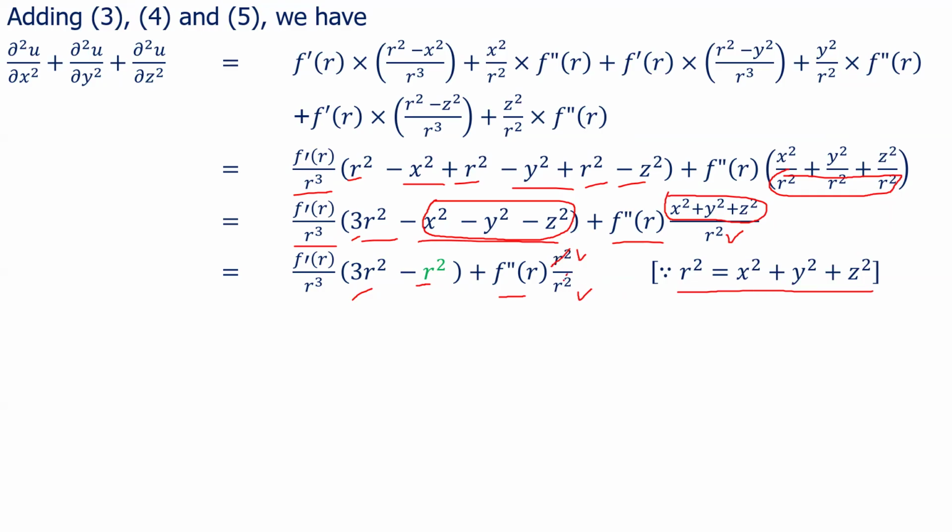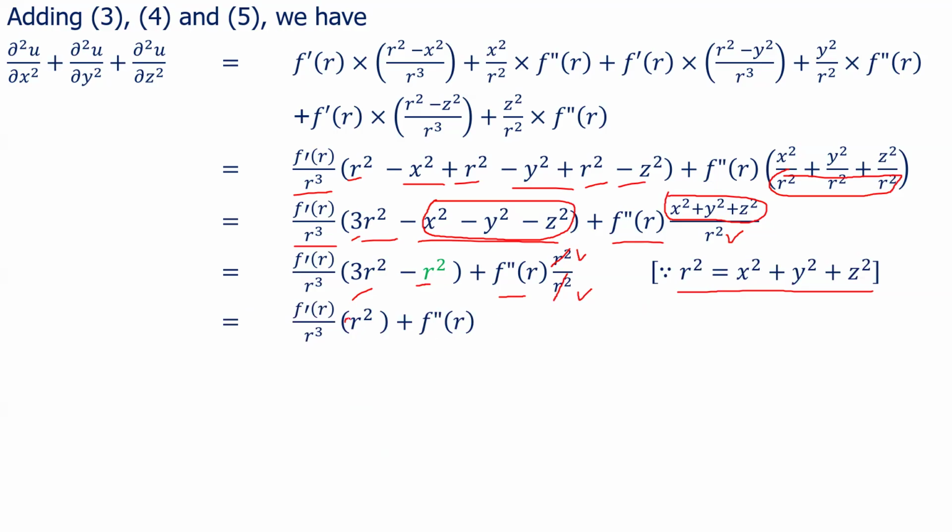Let me write down once again, f dash of r upon r cube plus f double dash of r.